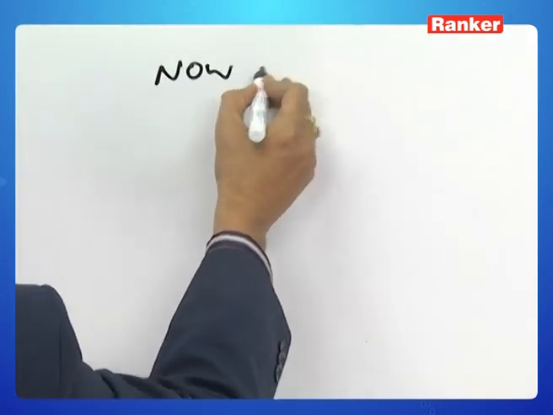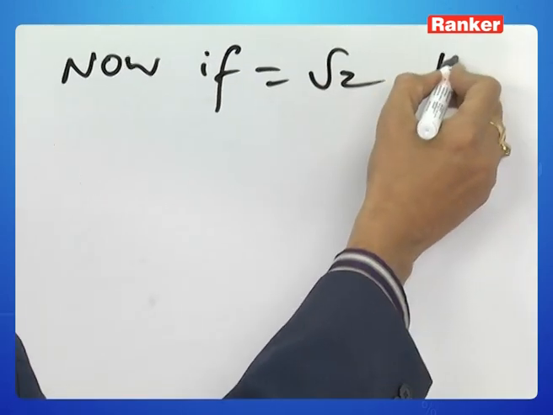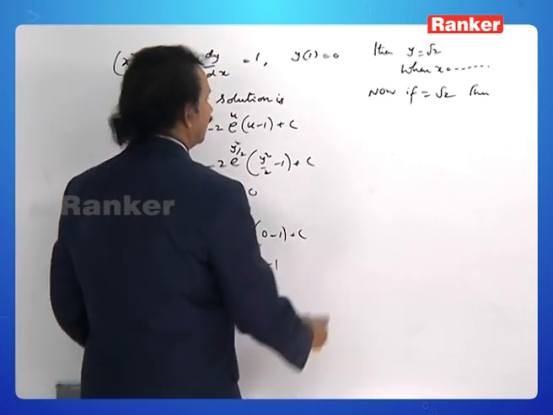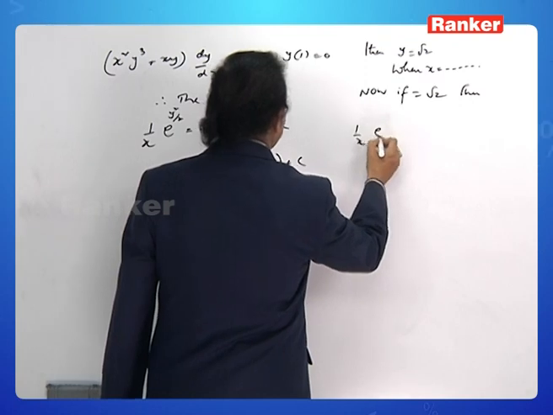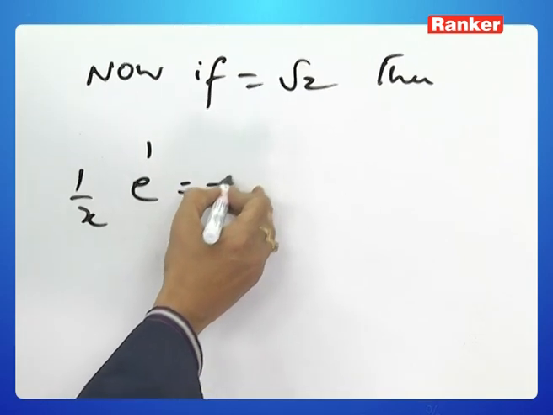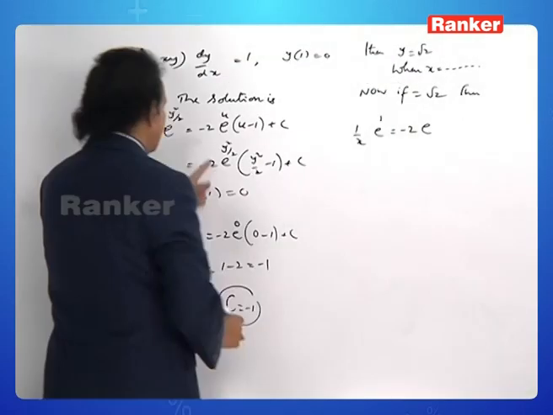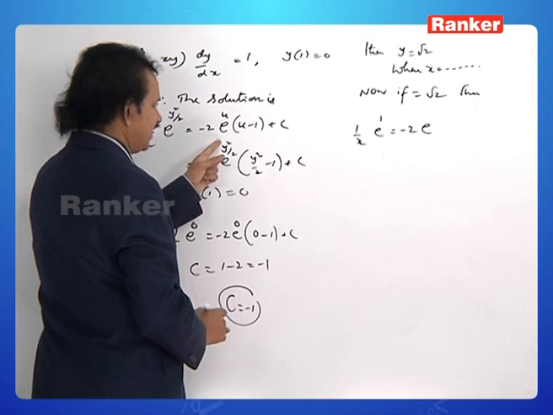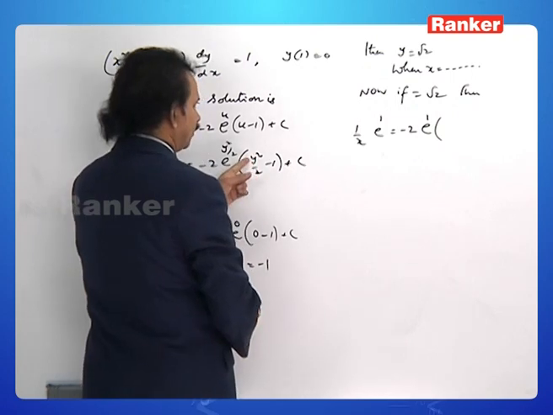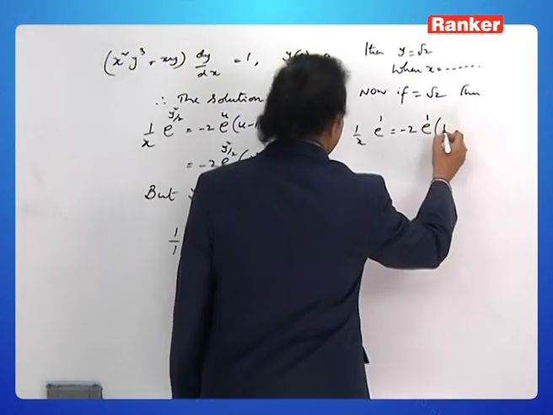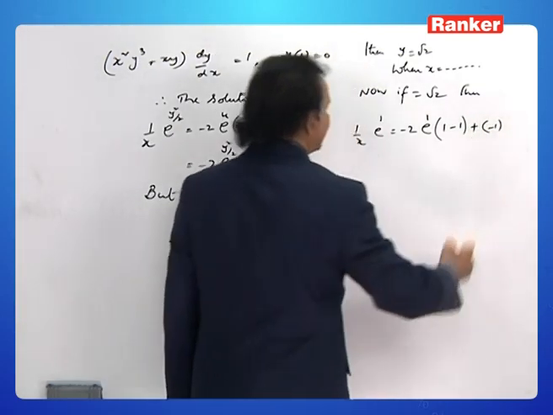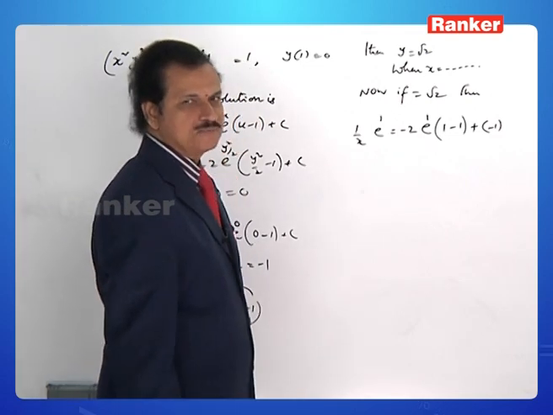Now, if y is equal to root 2, then, come on, substitute root 2 in the place of y. 1 by x into e power root 2 whole square by 2, that is 2 by 2 is 1, is equal to minus 2 into e power 1 into y square by 2 is 1, minus 1, plus c. But c is minus 1. We could have already obtained it.